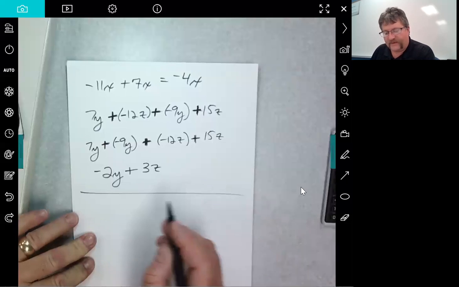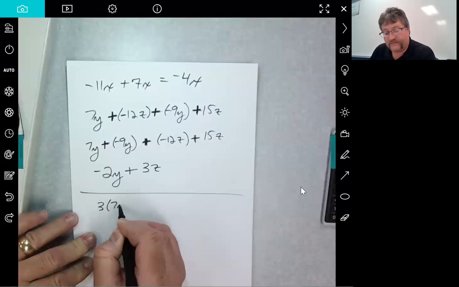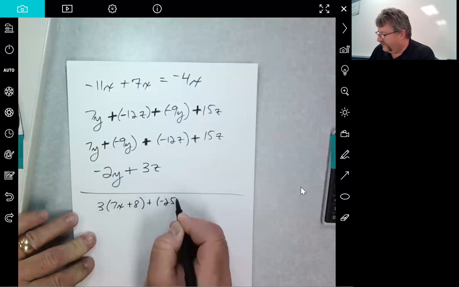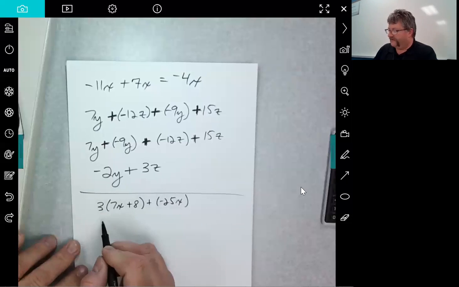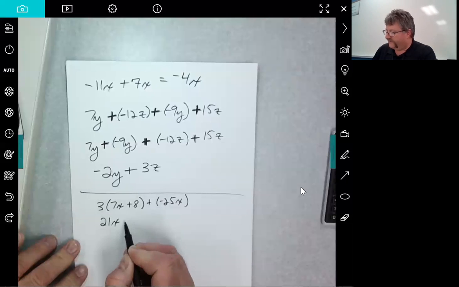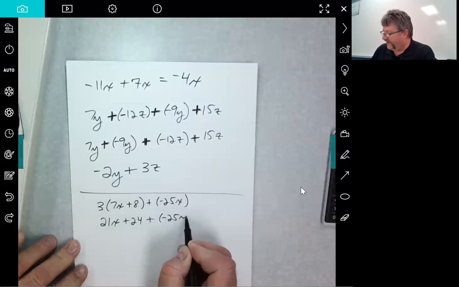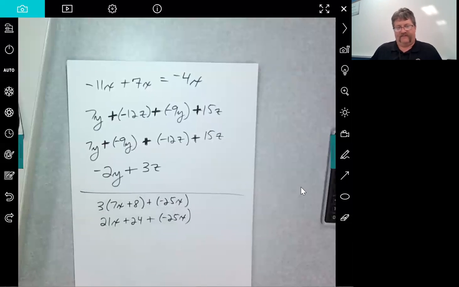Let's throw a distributing property into the mix there. How about this one? I'm going to distribute and get a 21x plus 24, but then I have plus negative 25x. Okay, let's not physically shuffle this one. Let's just mentally do it. I'm going to add a 21x and a negative 25x together.